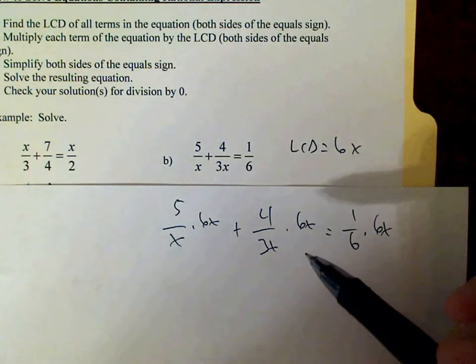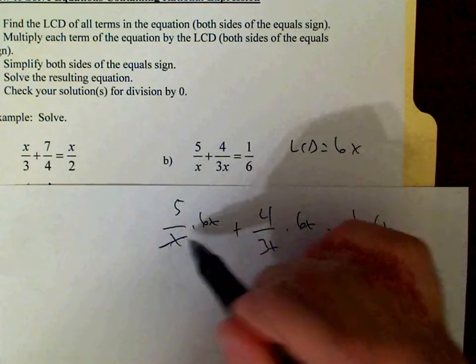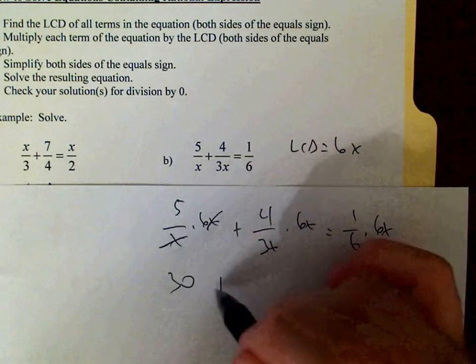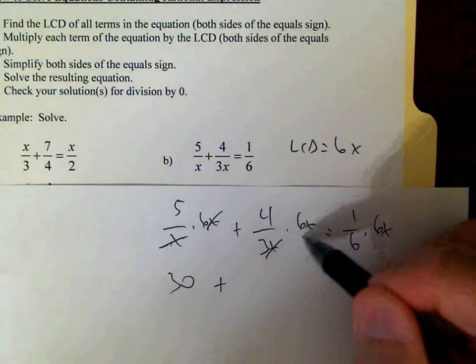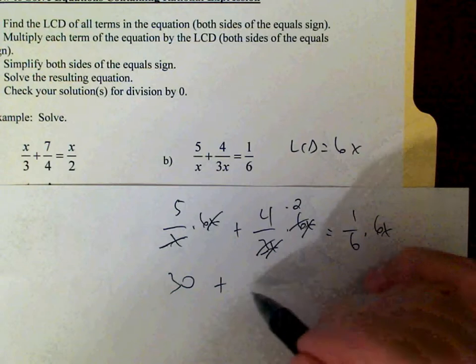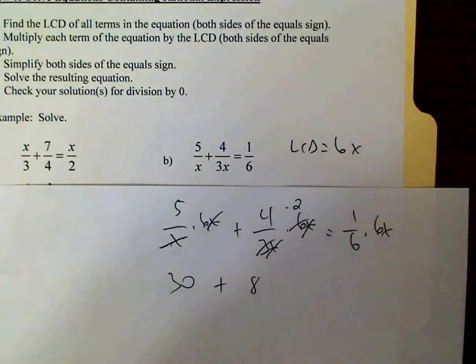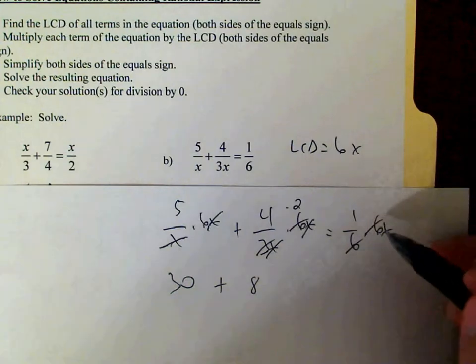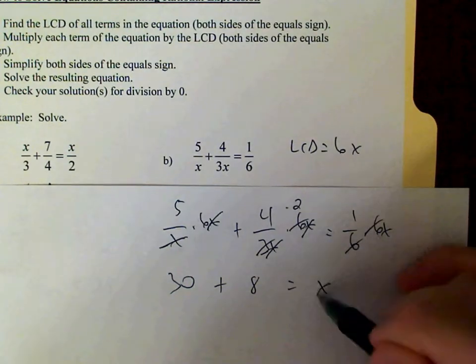That's the reason why I have the LCD. That x cancels with that x, leaving 5 times 6, which is 30. These x's cancel, and 3 goes into 6 2 times, so I have 4 times 2, which is 8. These 6s cancel, and it leaves 1 times x, which is x.